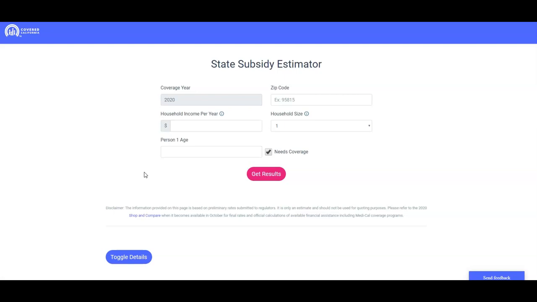And again, we'll go over in detail in a few minutes. Maximum contribution is basically the amount that you or your household is expected to contribute towards the premium. And as your income goes up, you are expected to pay more for your health insurance. The benchmark premium is the price of the second lowest cost silver plan for you. Basically the benchmark premium will vary based on your zip code and age.